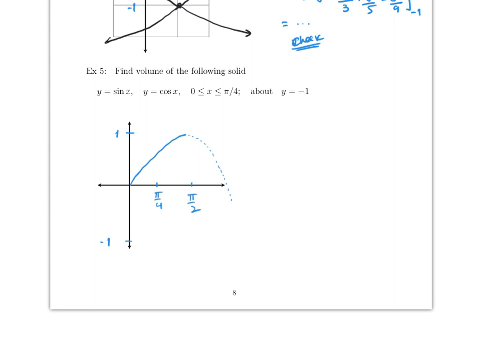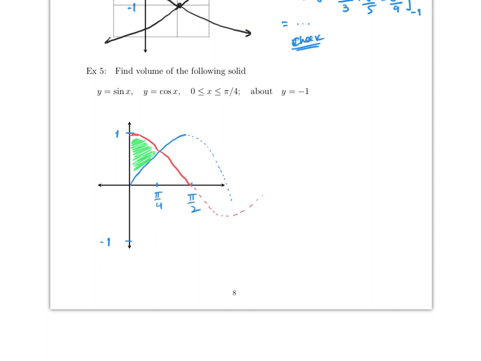Now the graph of cosine, on the other hand, starts at 1, and then it goes down until it gets to 0 here. Then it keeps doing this. But since you only went from 0 to pi over 4, essentially you only want this area, okay?